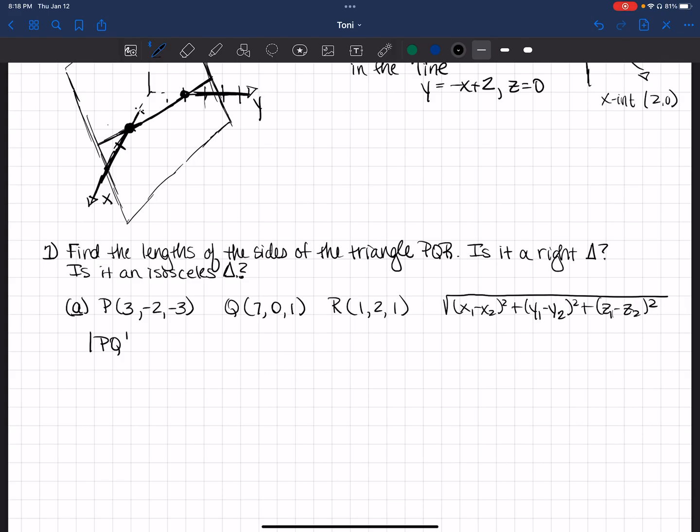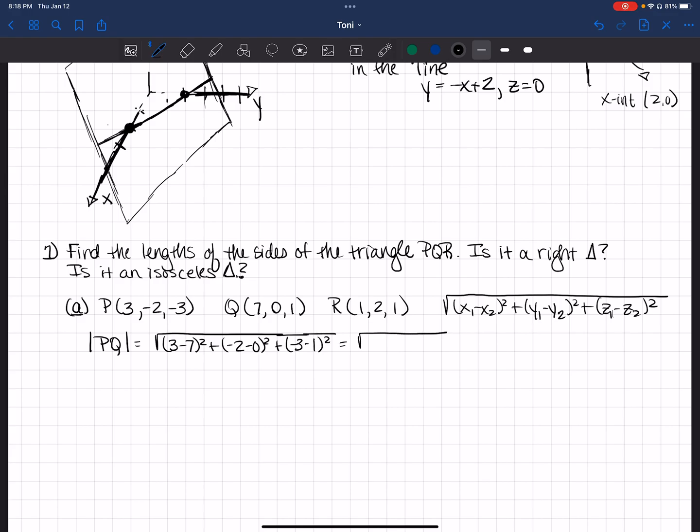So if I look for the distance PQ, that's going to give me the square root of 3 minus 7 squared plus -2 minus 0 squared plus -3 minus 1 squared.